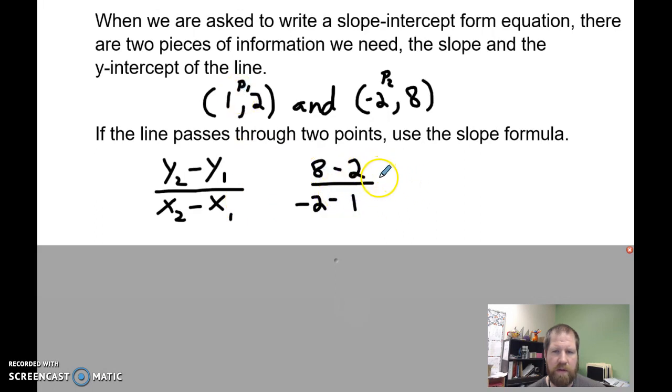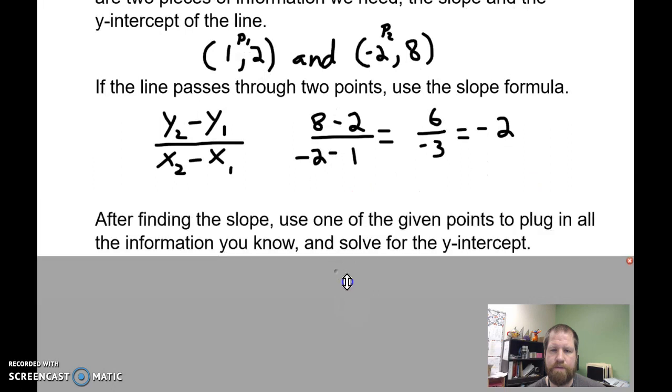So I have 8 minus 2, or 6, over negative 2 minus 1, which would be a negative 3, which simplifies to negative 2, which is my slope.